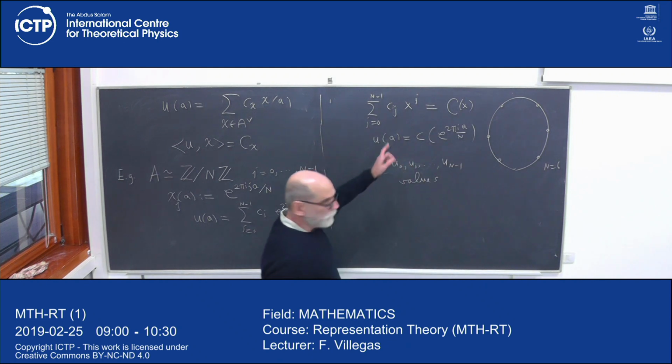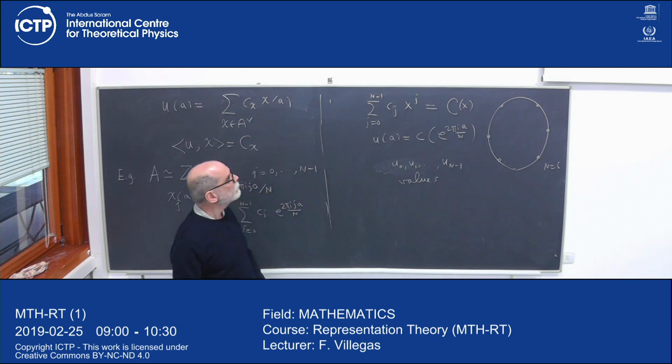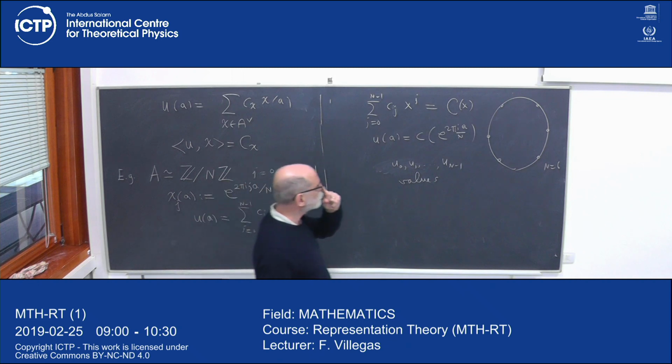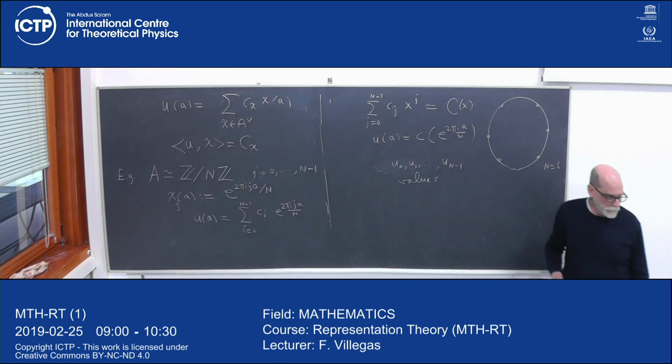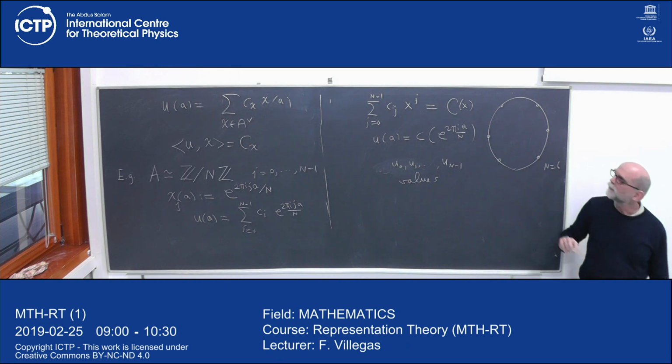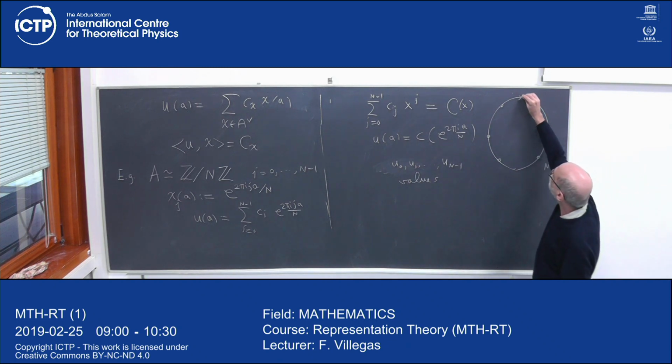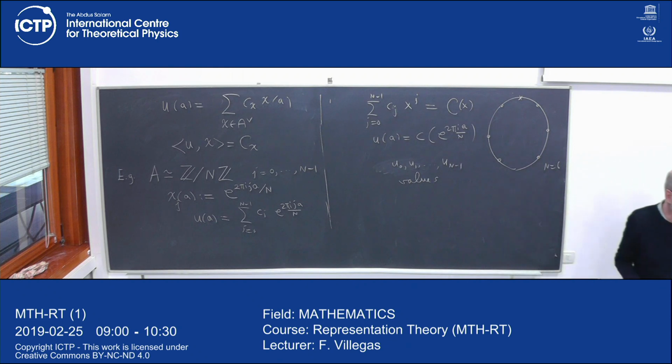And now you can use this polynomial, or this Fourier series, to give the value for a point that is not one of these. So you can say, okay, well, I can now use my polynomial and evaluate it there, and that should give me an approximation of where this thing should be in between.